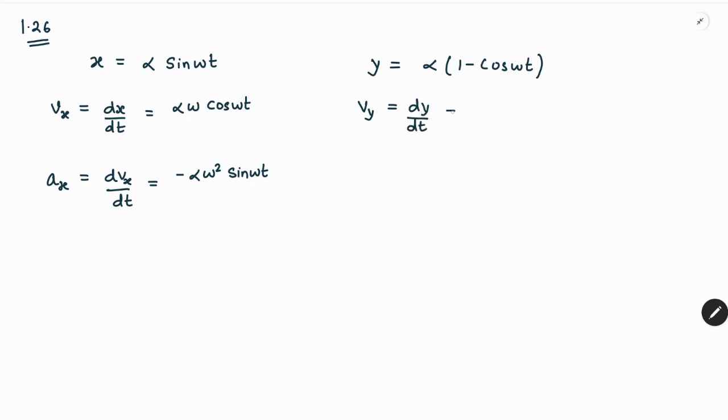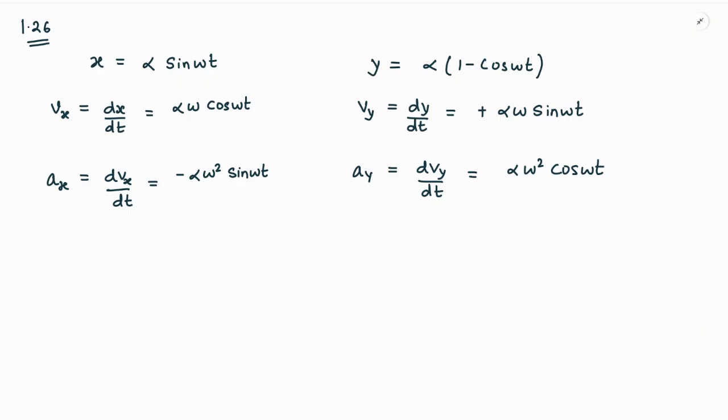Alpha being constant will have a zero derivative, and then we have minus of cos, whose derivative will become plus, so alpha omega sine omega t. And now if we solve for acceleration in the y direction, then ay is equal to dvy by dt, and over here we obtain alpha omega square cos omega t. So these are the possible aspects which we have.